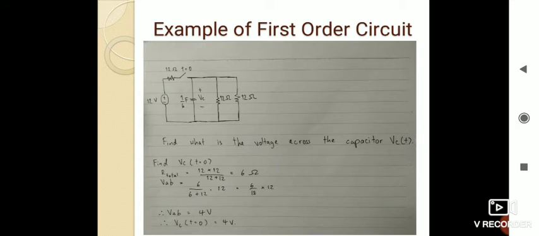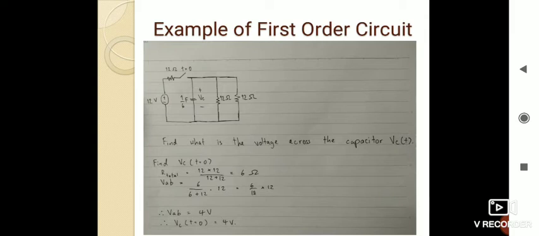VAB is 6, which is the resistance that we got just now, divided by 6 plus 12, using the voltage divider, because we have 12 ohms on the top left side of the circuit, times the voltage source, which is 12, and that would equal 4 volts. So VC at t equals 0 is equal to 4 volts.